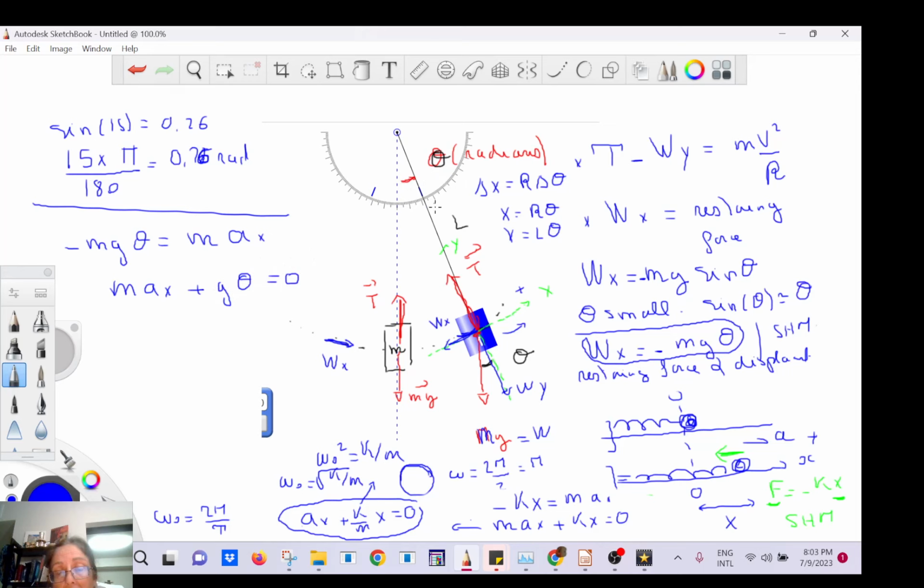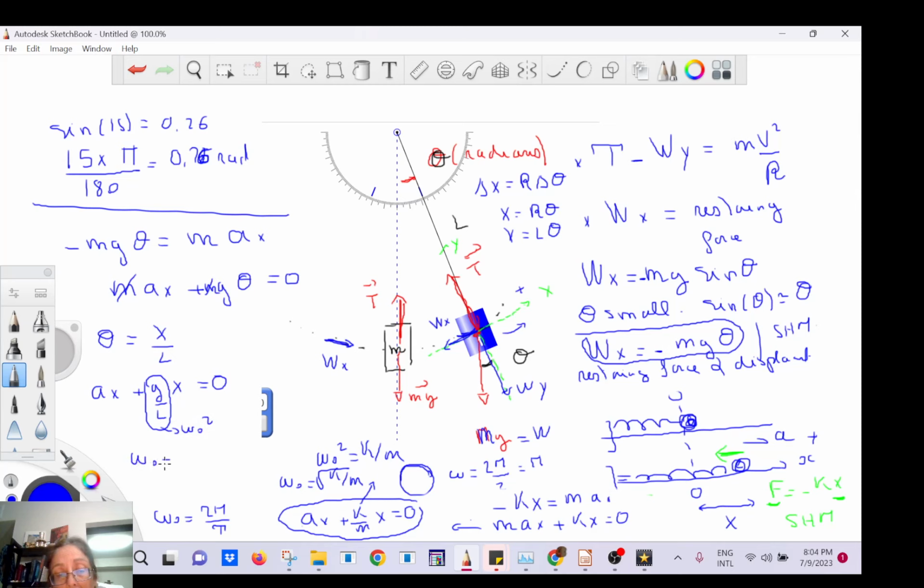Here I have the theta, and here a linear acceleration, so I'm going to write that theta equals x over L. If I do that, first of all, the mass goes away, which is nice, because remember, we know that the mass does not matter. So we have acceleration plus g x over L equals 0. And therefore, that's going to be my angular frequency squared.